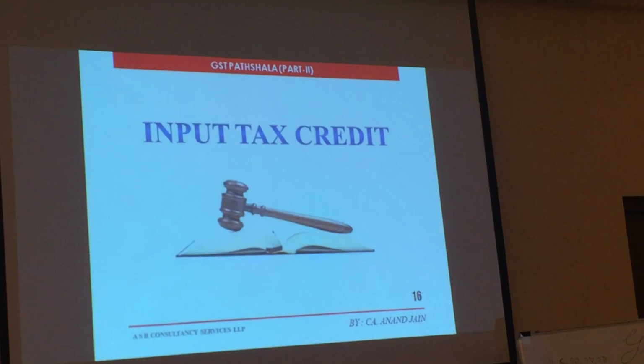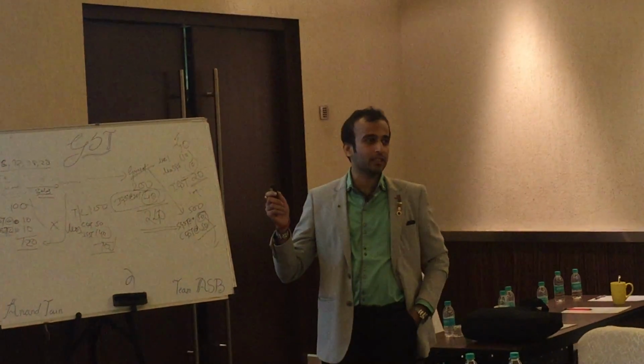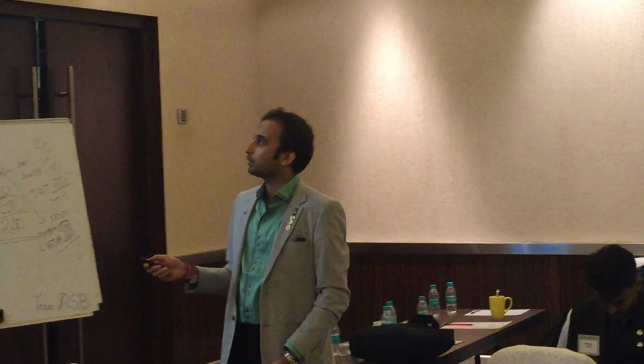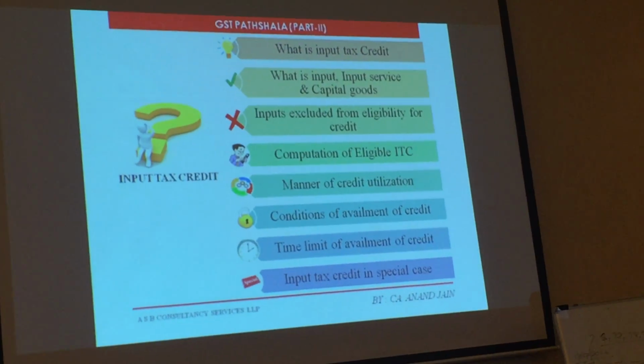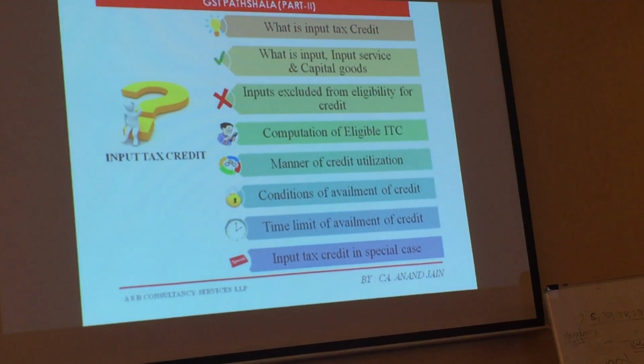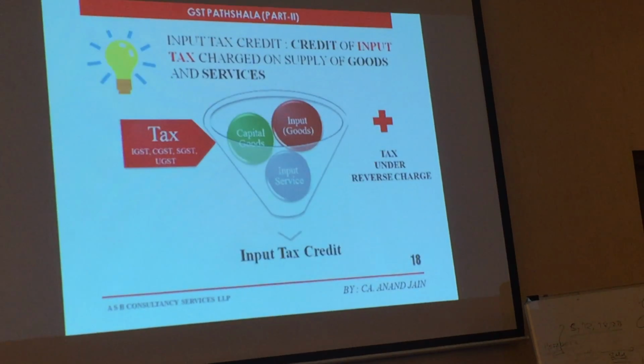Now this is the main provision, input tax credit. A lot of business corporate houses face difficulties on what credit to take and what not. So what is input tax credit? That will cover inputs, input services, capital goods, and inputs excluded from eligibility of credit. We will discuss it one by one.